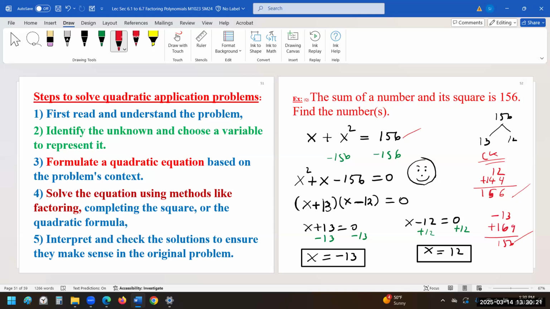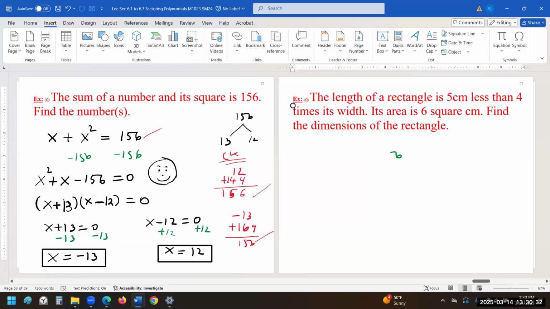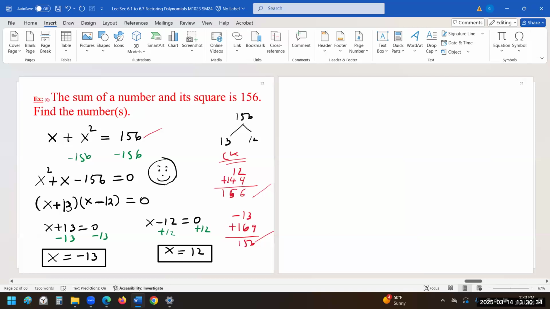Question. So what you're supposed to do is start dividing. So we have 156.